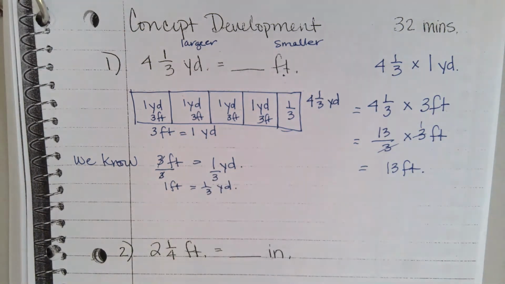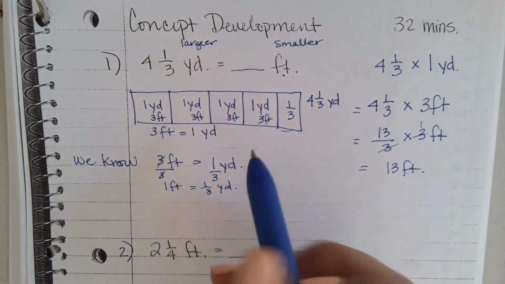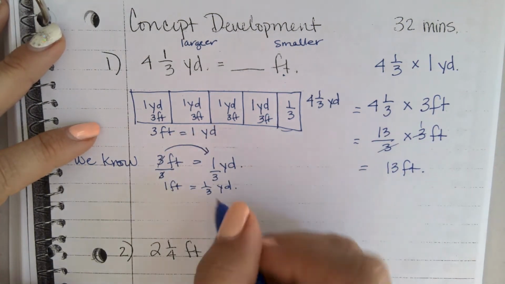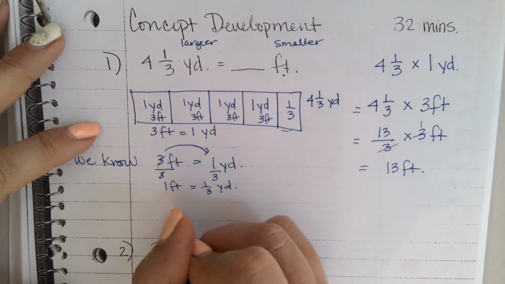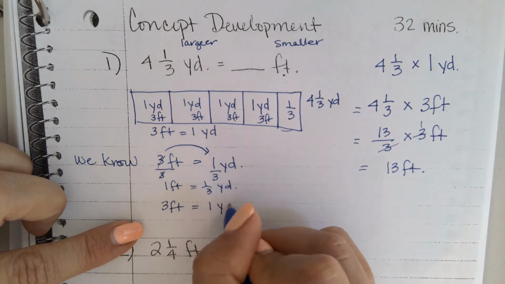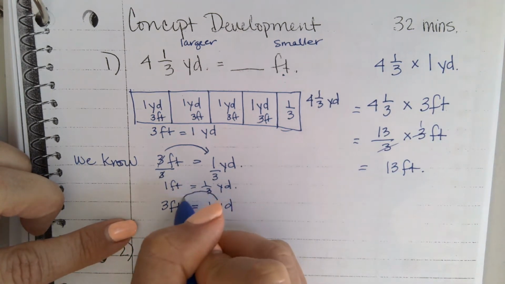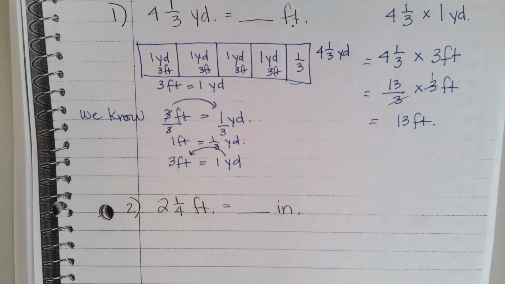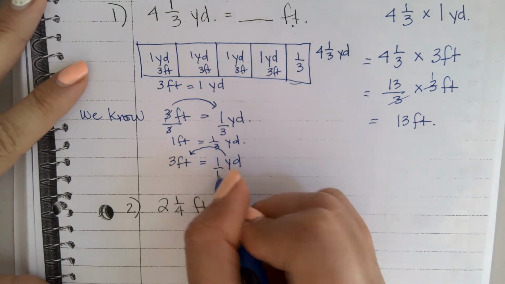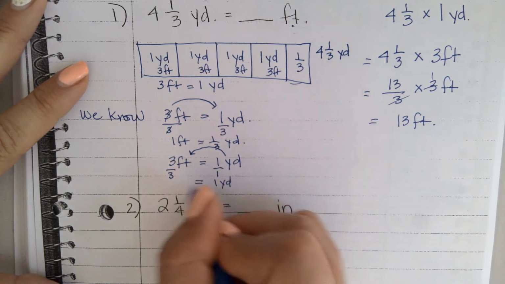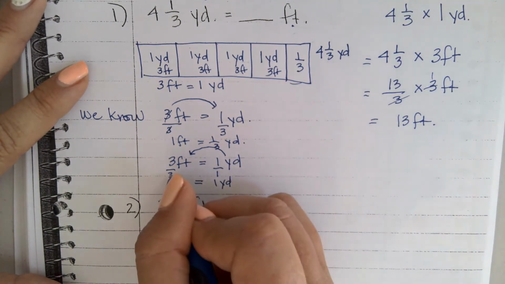Now let's keep it in the same format: 3 feet is equal to 1 yard, but now we're going from this direction to this direction. We're going the opposite. If I try to use that same strategy of dividing, well, guess what? 1 yard is still equal to 3 feet.